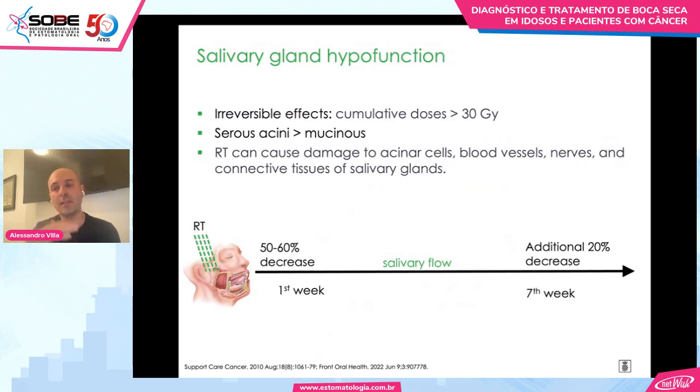Radiation over the doses of 25-30 grays usually has irreversible effects. Patients typically experience most of the decrease in salivary flow during the first week of radiation therapy, but over the course of radiation, they may experience more and more dryness.